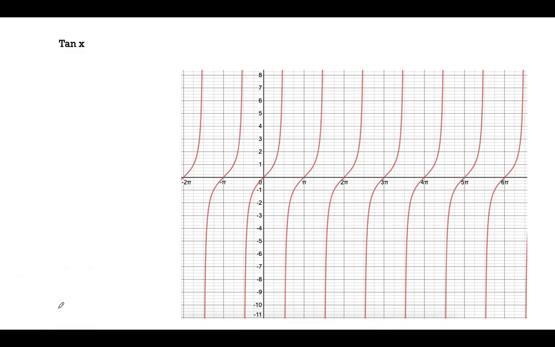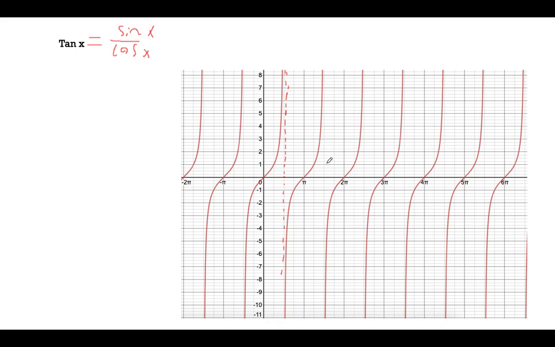So we have our asymptotes when, let's see, sine of x over cosine of x, when cosine of x is 0, then we have a vertical asymptote. It would be pi over 2, which is 90 degrees.